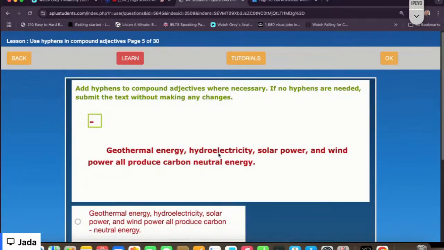So geothermal energy, hydroelectricity, solar power, and wind power all produce carbon-neutral energy.